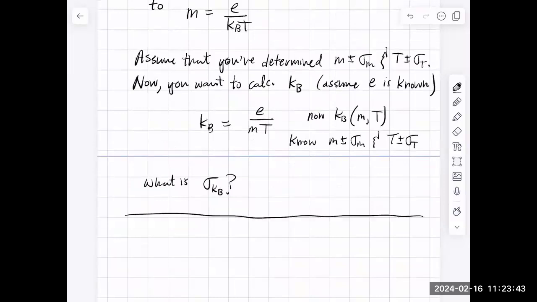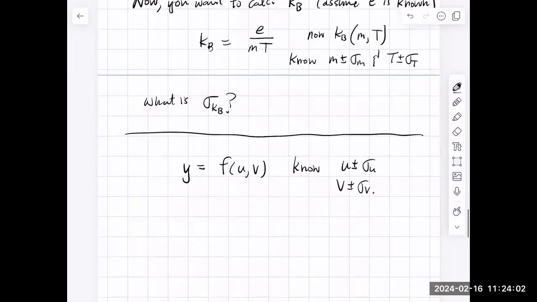So what I'm going to do is I'm going to go back to the more abstract problem where y was a function of u and v, and we know u plus or minus sigma u and v plus or minus sigma v. Okay.